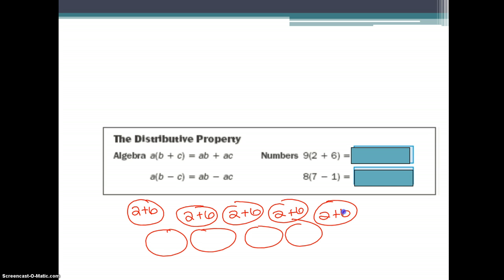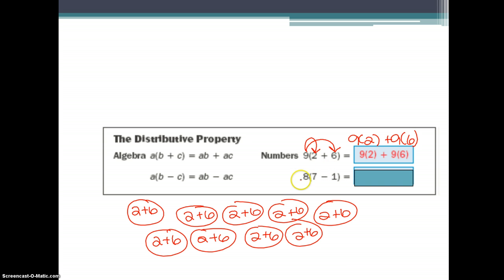So what that means is how many 2's are there? Well, there are 9 2's. And how many 6's are there? There are 9 6's. You can see the 9 is being multiplied by the 2 and the 9 is being multiplied to the 6.